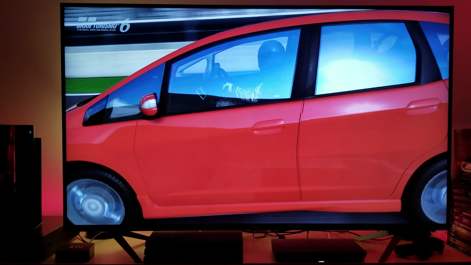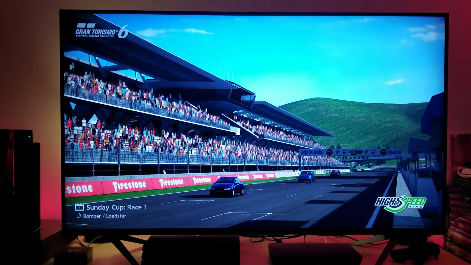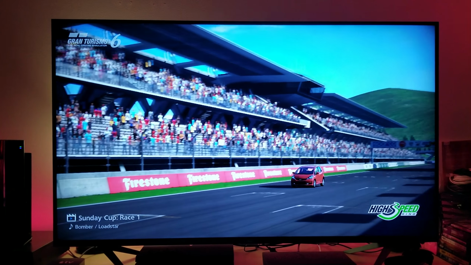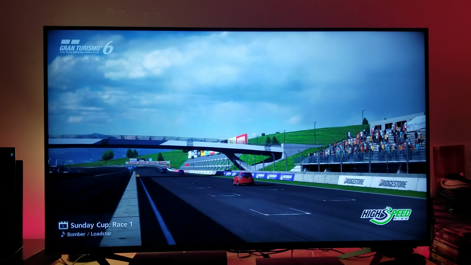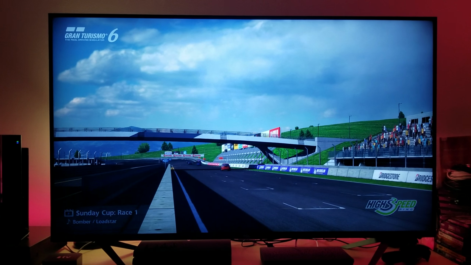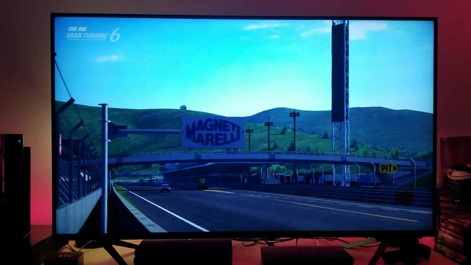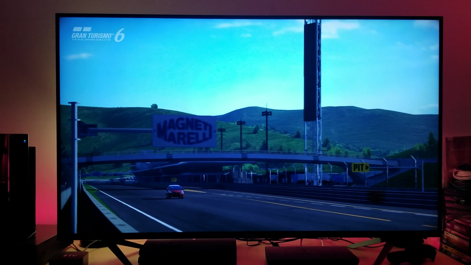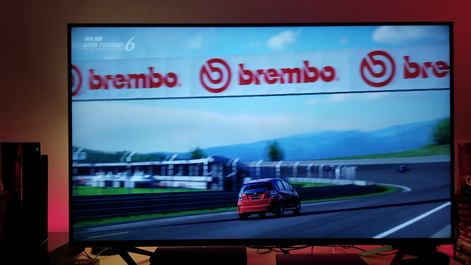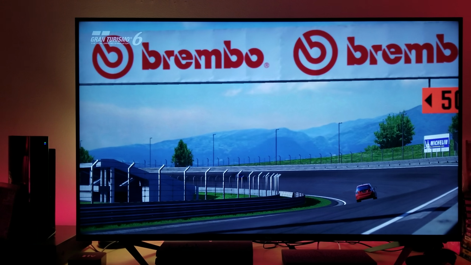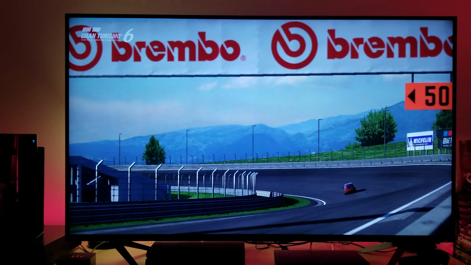Need I remind you, this is a PlayStation 3 console. And yes, the Belkin HDMI ultra high speed cable works with the PlayStation 3 Phat console. I do have my Belkin HDMI 2.1 cable connected to it. So it does work.